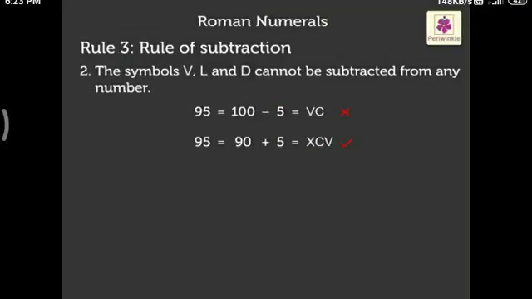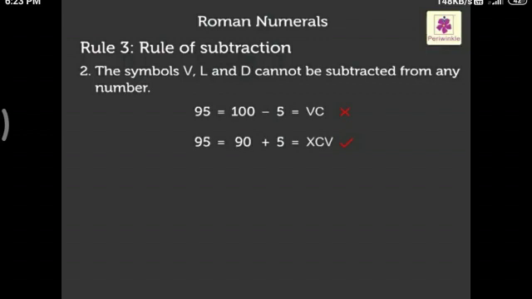In rule of subtraction, we have step 2. The symbols V, L and D cannot be subtracted from any number. Here the rule says V, L and D cannot be subtracted from any number.